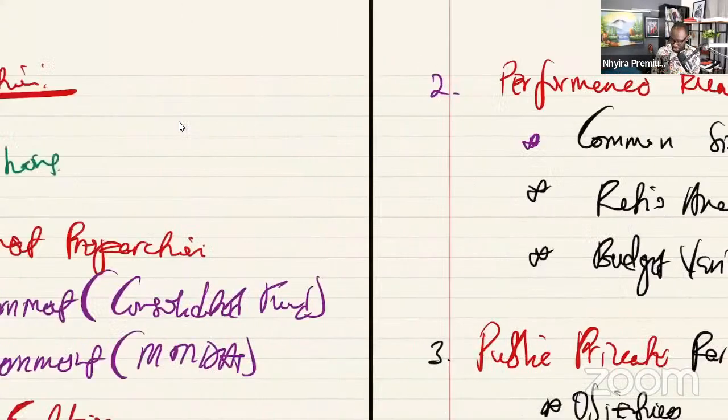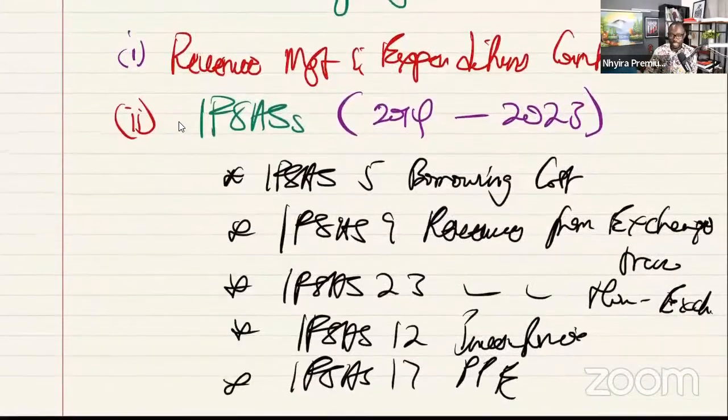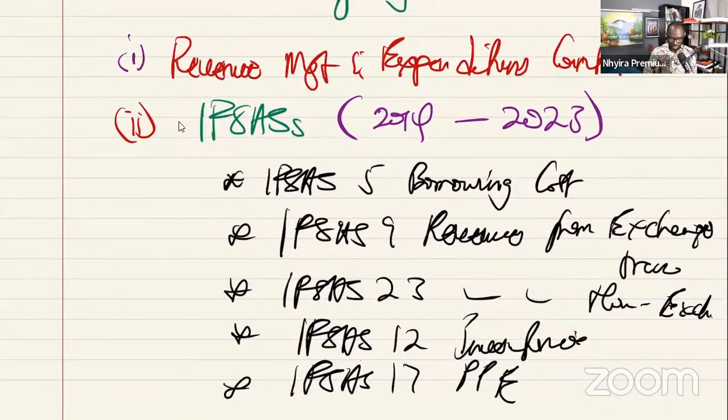No, I told you that the IPSAS is in an implementation stage. So by 2023, it is hoped that all government institutions will migrate to the full accrual basis. The purpose of the PFM Act is because government adopted the IPSAS. That was why the PFM Act was passed in 2016 to support the implementation of the IPSAS.